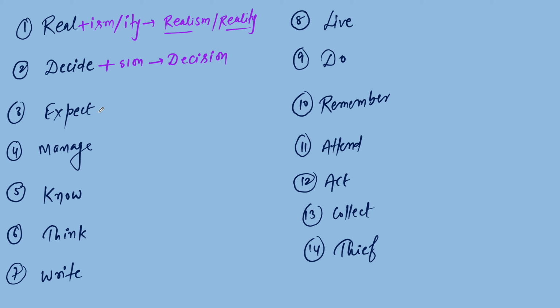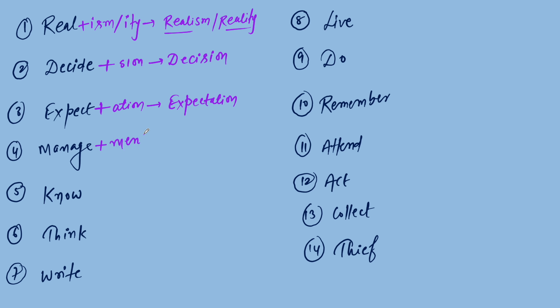Decision. Okay. Now what should I add with expect? Tell me fast. Of course, ATION, and then it will be expectation. Now, what should I add with this word? Manage.